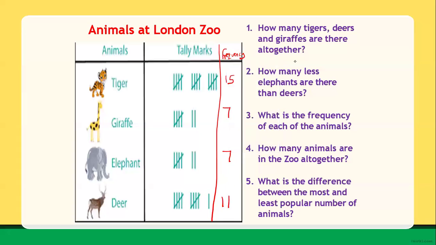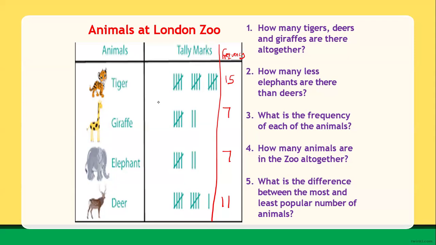Now we have answered the first question. But now the first question is asking, how many tigers, deer, and others are there all together? So what would be our answer? Jude? Jude, how many do we have?